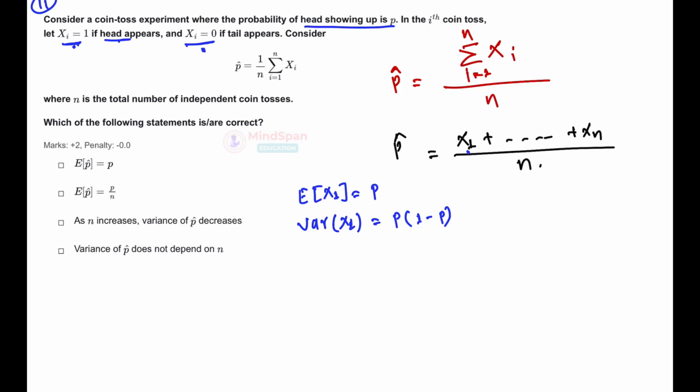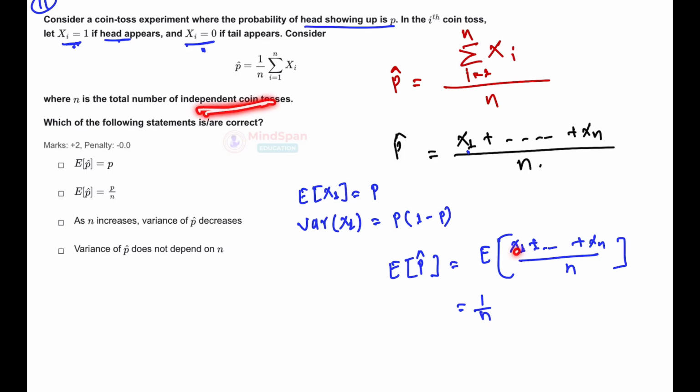So the expectation of this P hat is equal to the expectation of x1 till xn divided by n. We can simply take this n outside because n is constant. Whether the random variables are independent or dependent, we can make use of the linearity of expectation, right?